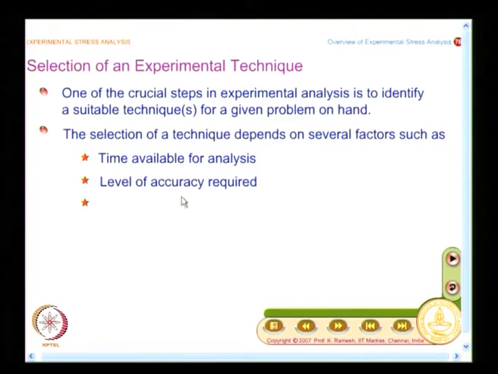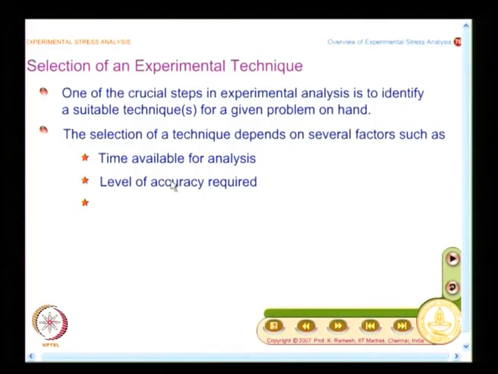If you want to get quick results, suppose I want to look at an industrial component and find out approximately which are all the stress concentration zones, I would apply a brittle coating technique and then find out where the cracks have formed. So, that quickly tells me where to look in a huge structure, but if I want refined quantitative information, then I have to paste strain gauges, and strain gauges will take some time to cure, and then you make the measurement.